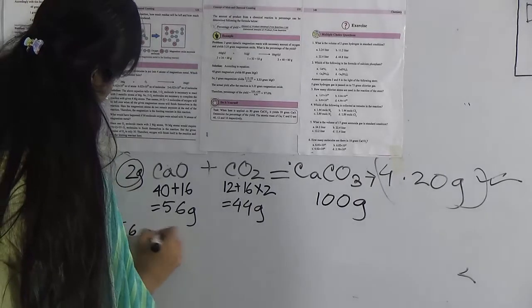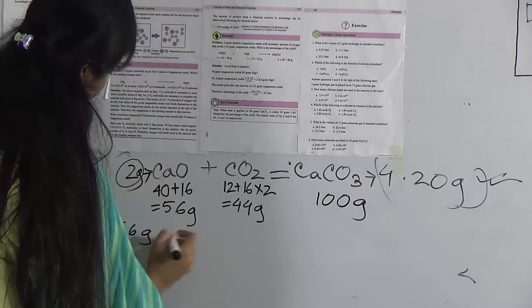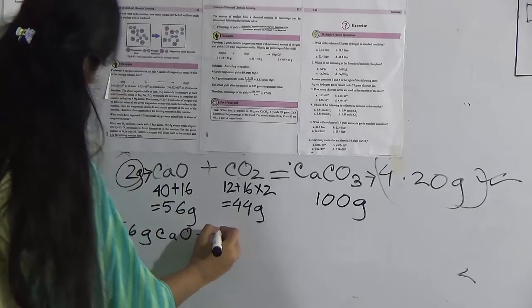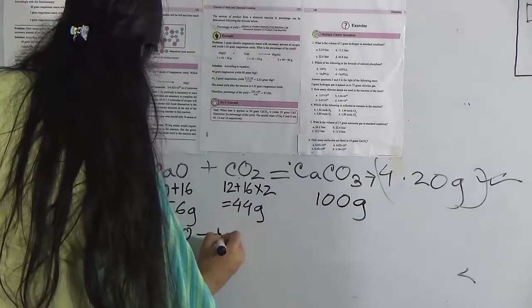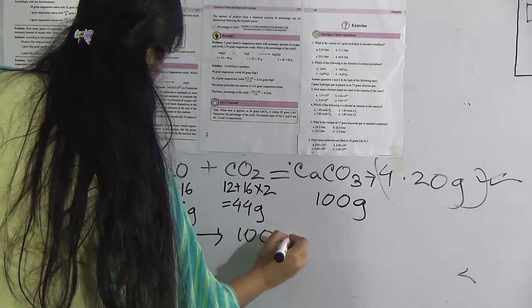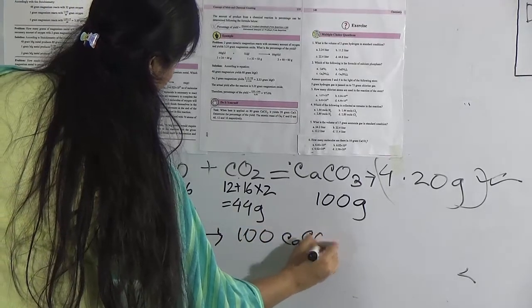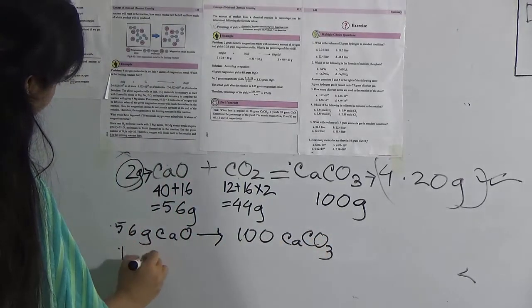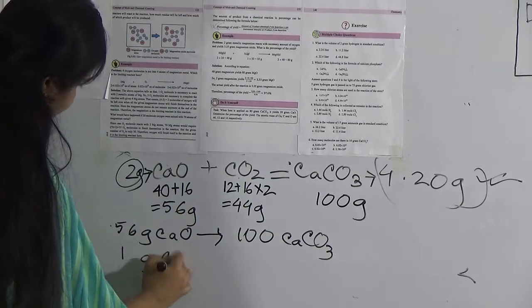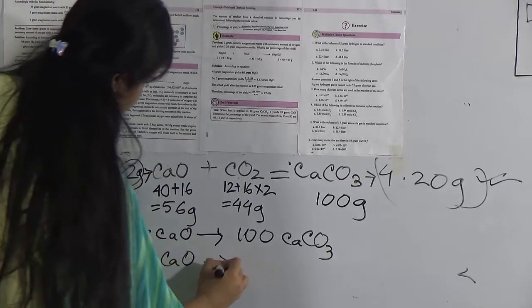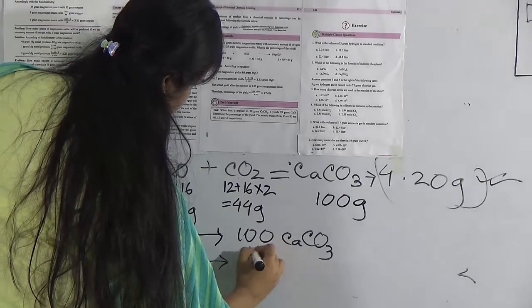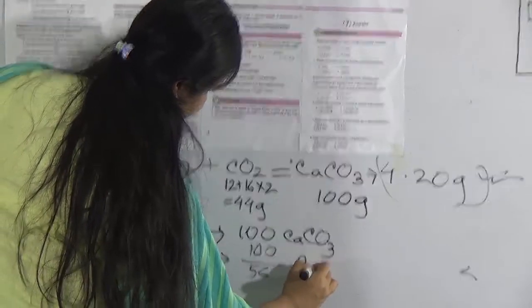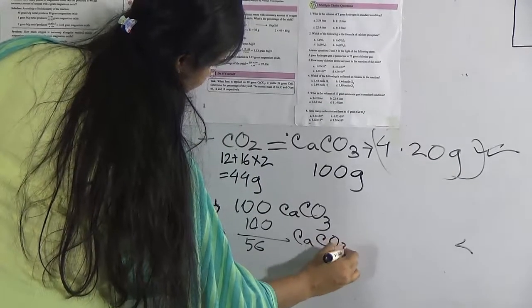56 gram of calcium oxide react with carbon dioxide, produce 100 gram of calcium carbonate. So 1 gram of calcium oxide produce 100 by 56 calcium carbonate.